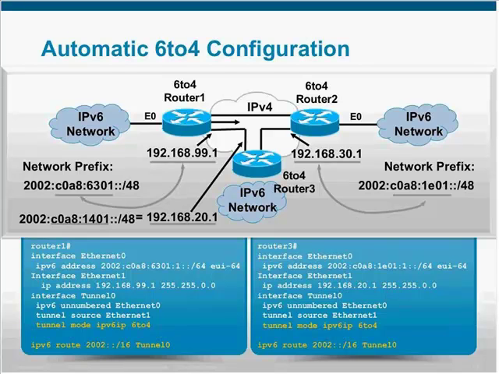Notice that the /64 prefix assigned to Ethernet 0 has been allocated from the /48 that was built for that site, and that was derived from 192.168.99.1.